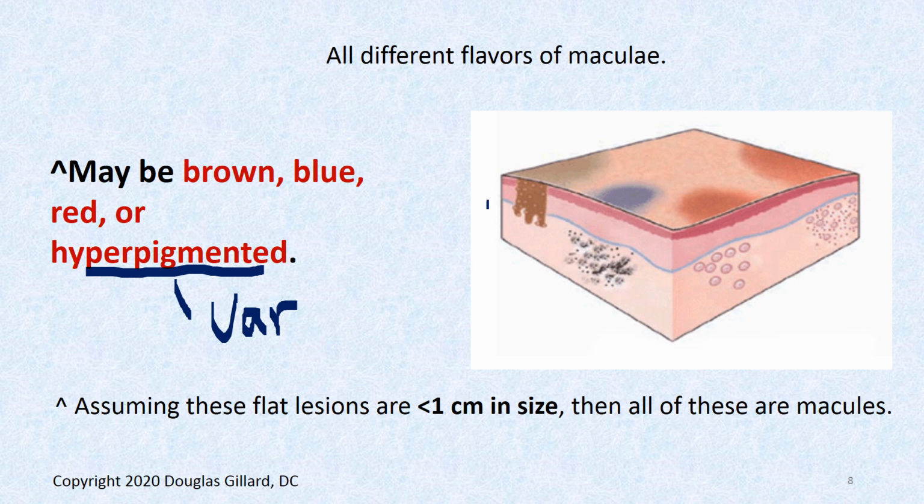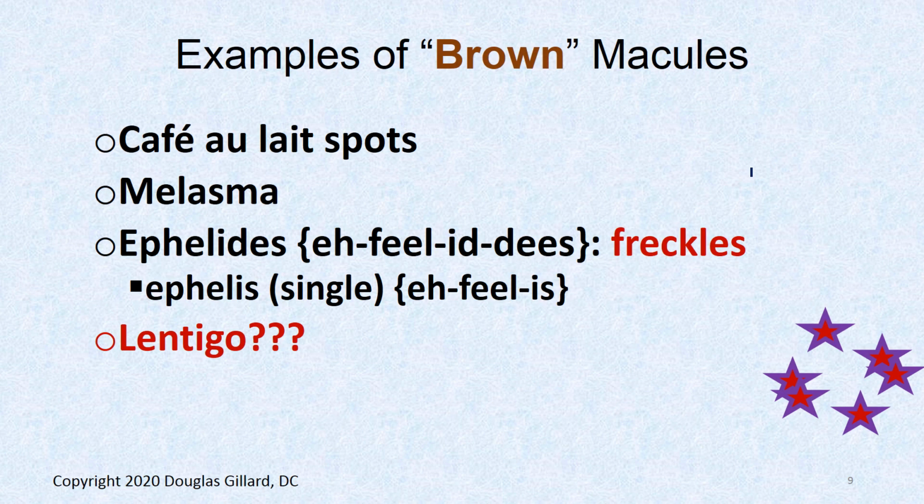These are all different types of lesions. This one's even cancerous. It's extending into the dermis, or at least precancerous. But all of these are presenting as macules. Got it? How about some examples of brown macules? Café au lait spots. Melasma, we'll talk about that one a little bit, the mask of pregnancy.